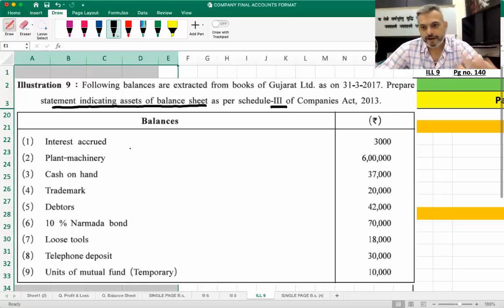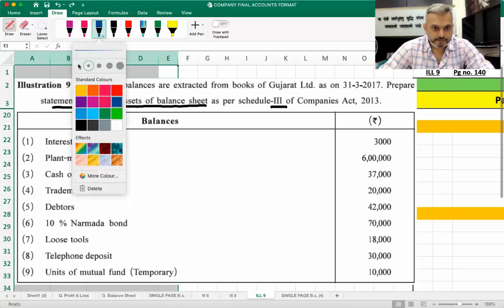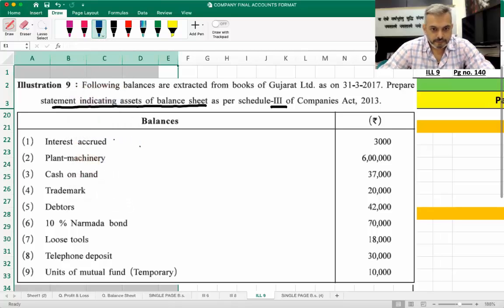We have to see where each goes. For example, interest accrued. You look into the format and find out interest accrued is basically interest outstanding. So it will go to other current assets. You write it over here so that you don't make a mistake.